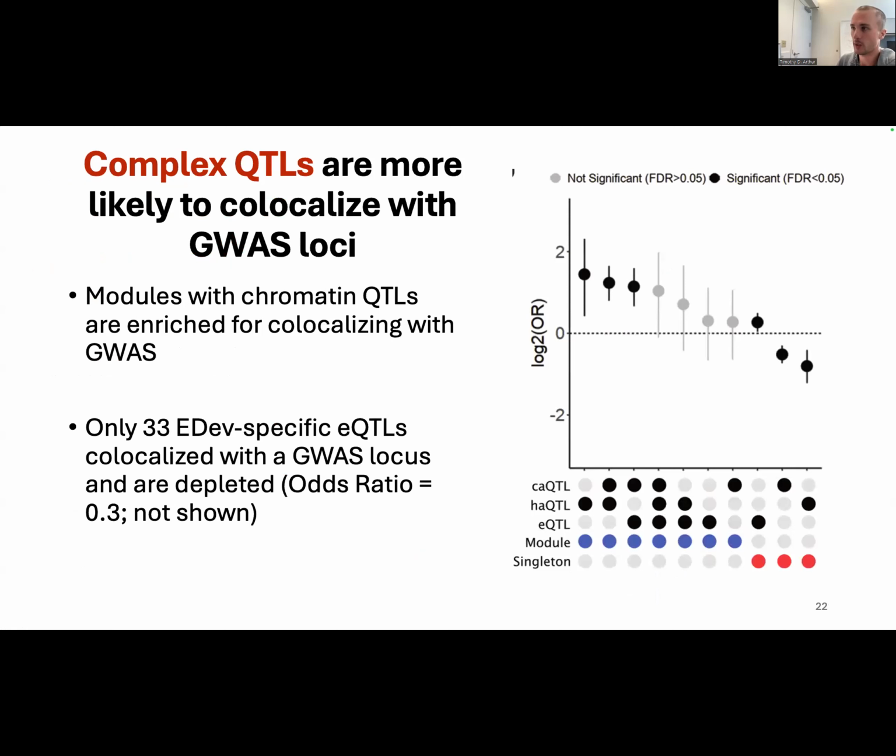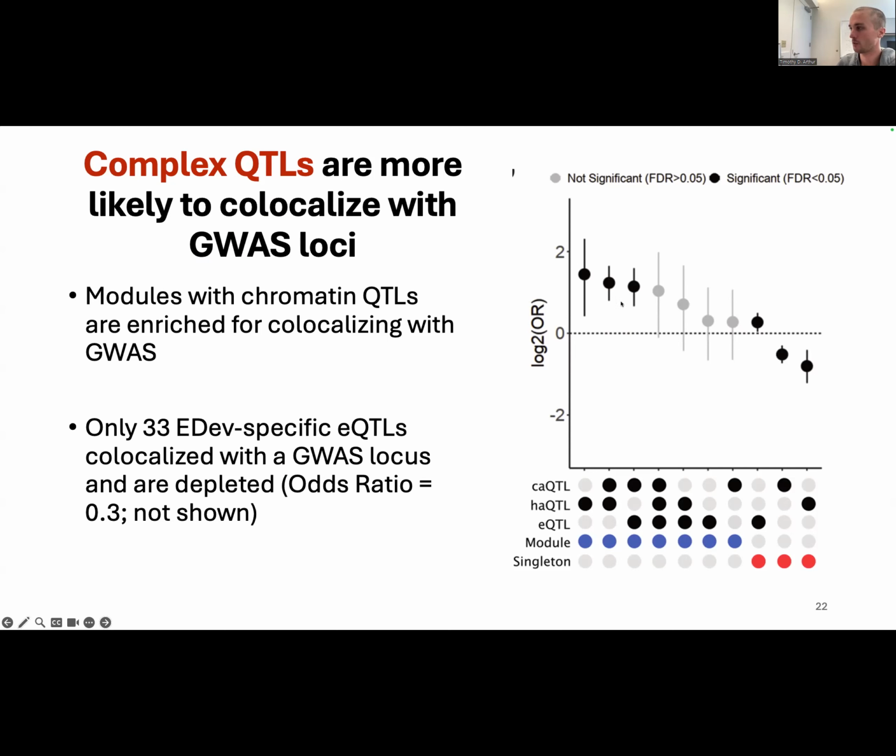And we wanted to see whether or not complex QTLs were more likely to co-localize or explain a GWAS locus. So we calculated the relative enrichment of GWAS co-localization based on the composition of modules. And we found that modules consisting of CA QTLs and HA QTLs, or chromatin QTL associated modules, were the most enriched for co-localizing with GWAS.